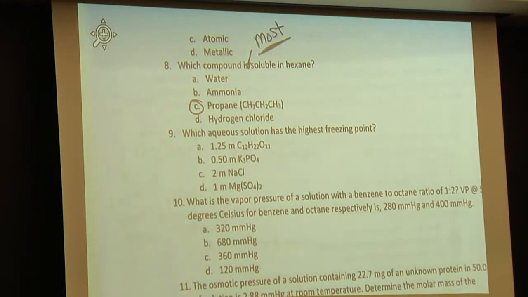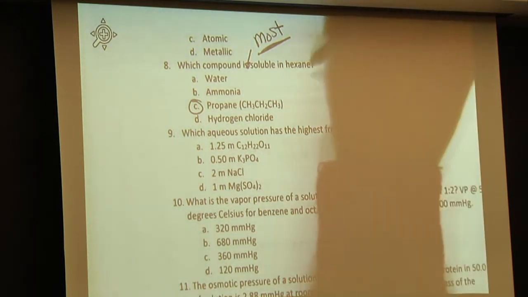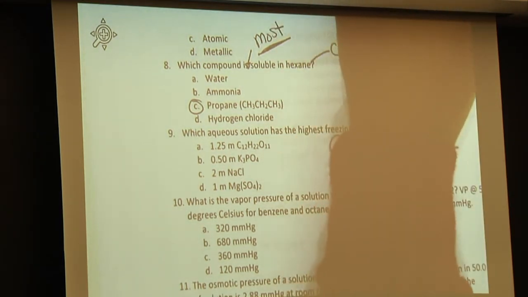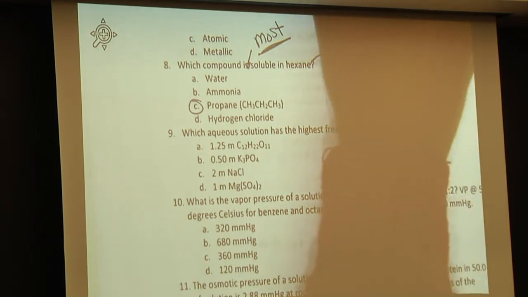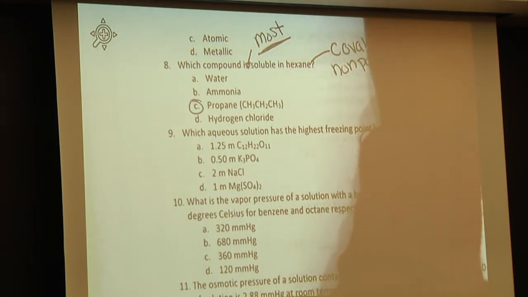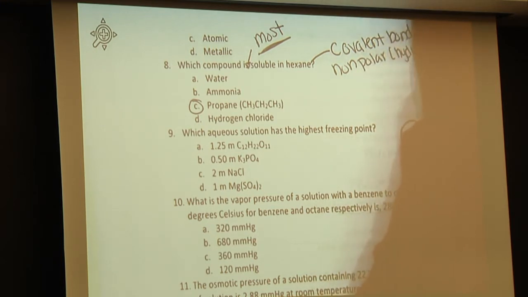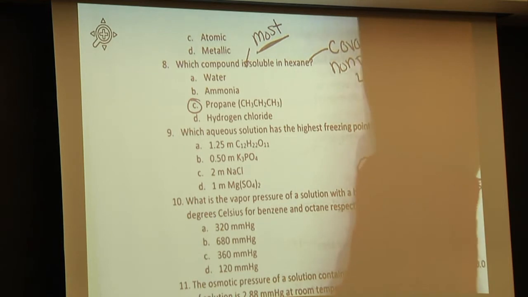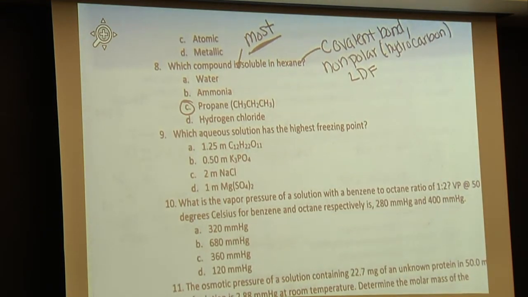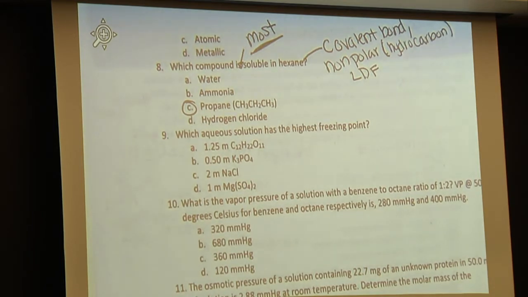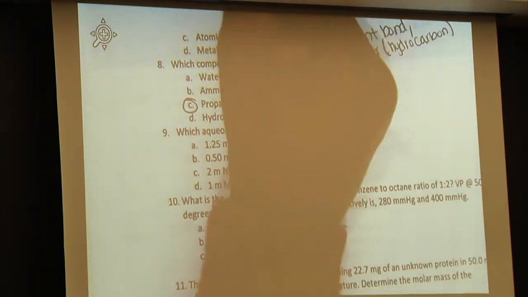Or what kind of bonds does hexane have? Okay, that's intermolecular force. So it's covalent bonds, and it's nonpolar because it's a hydrocarbon. So if it's nonpolar, it will have LDF and LDF only, and so that's what we're looking for. So the answer would be C. These two will have hydrogen bonding.